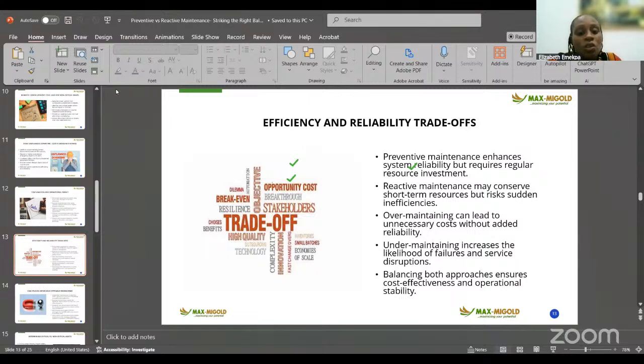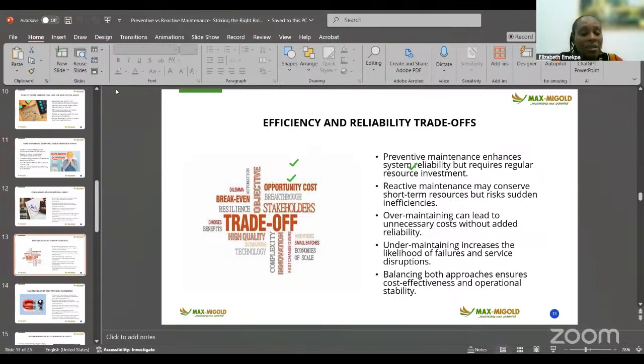Over-maintaining can lead to unnecessary costs without added reliability. Well, that depends on the facility, that depends on the kind of place you are running. Maybe sometimes, let me see, for example, what are those kinds of assets in a facility that over-maintaining can affect? Let me say AC, for example, in an office space where AC is not being used often.